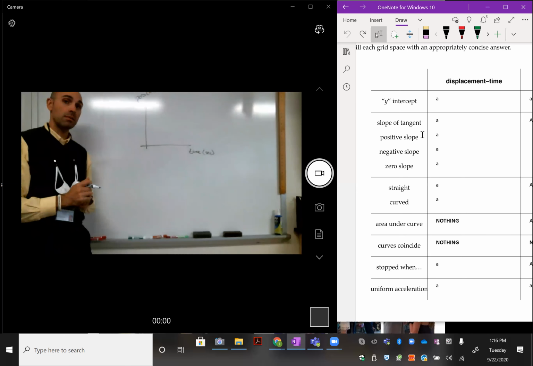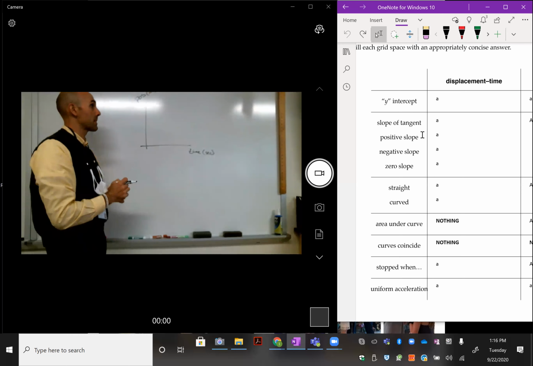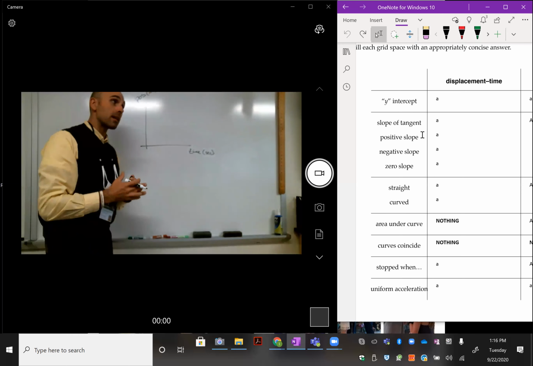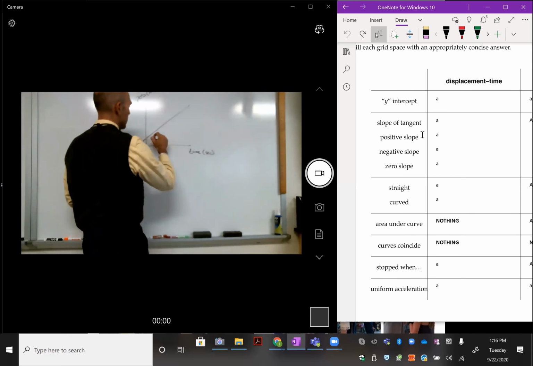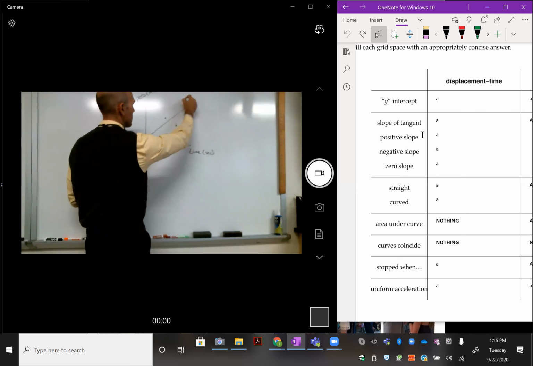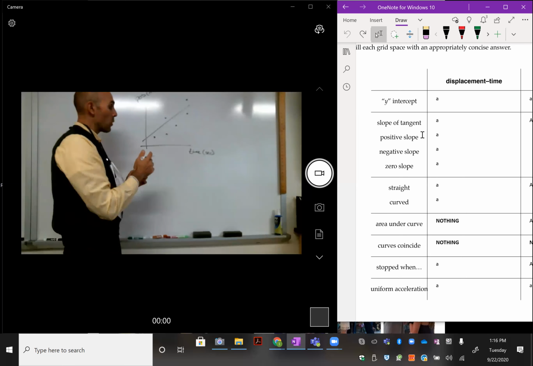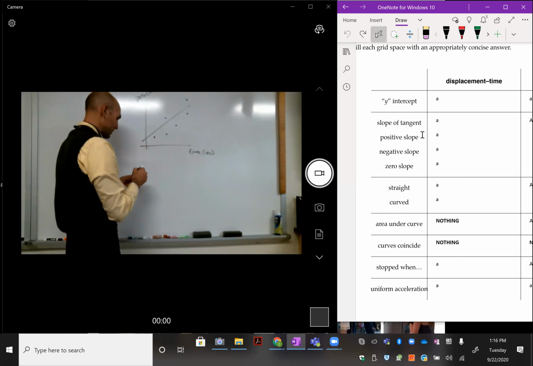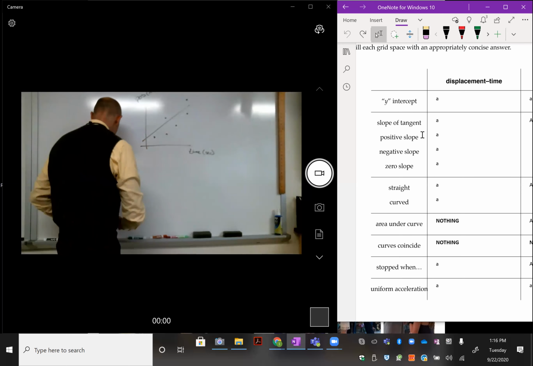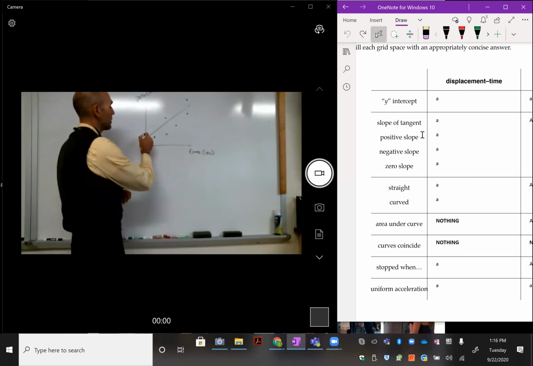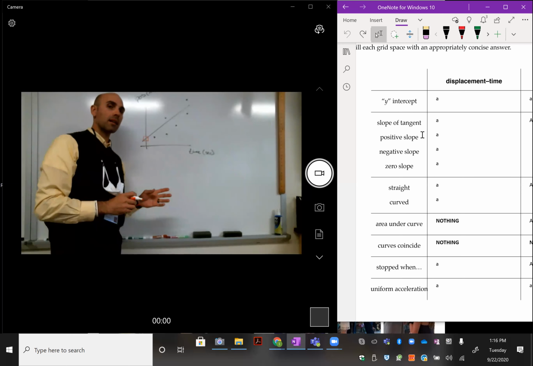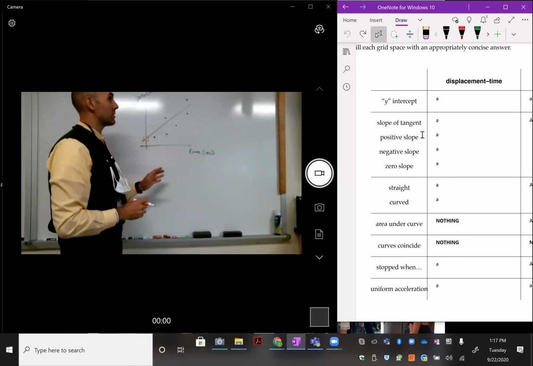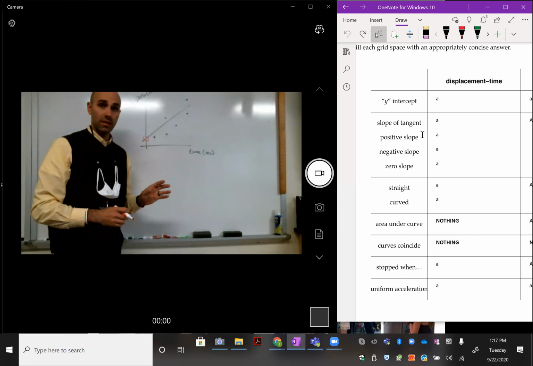From here, we can see we have this trend line that was gotten from some of our data. Where the trend line crosses the y-axis, we refer to that as the y-intercept. Where the trend line crosses the y-axis, that is the starting value.